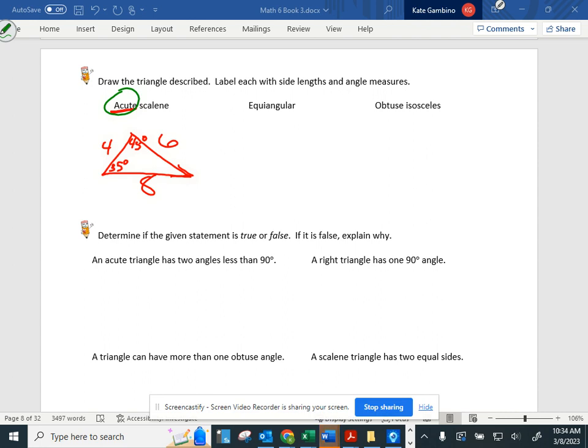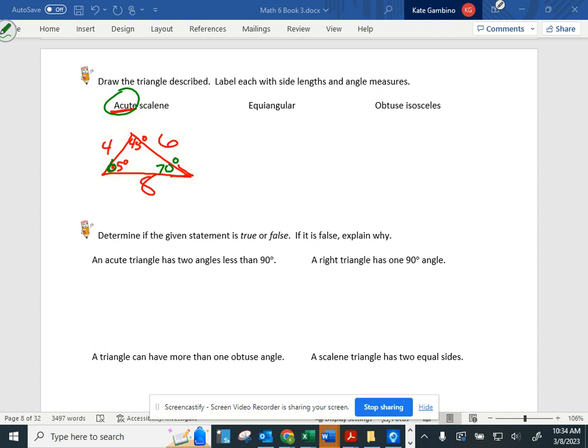So if I did 45, maybe this one I would make 65, then what would this one have to be? It would have to be 70 degrees. Are they all acute? Yes. Are they equal? No, because it's not equiangular.